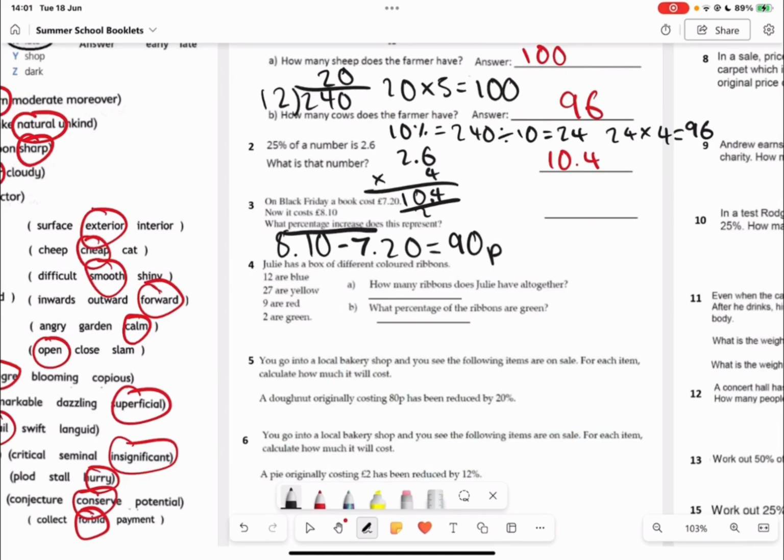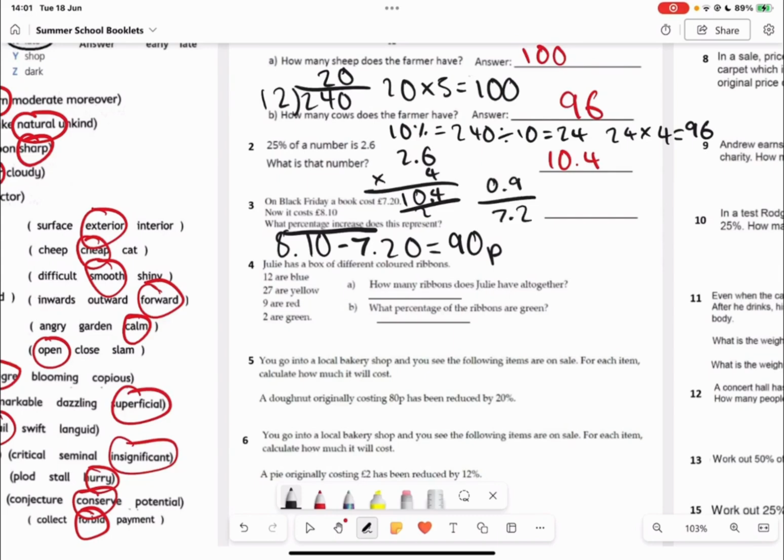So what we have to do is take 0.9 and divide it by £7.20. So we have 0.9 over £7.20.